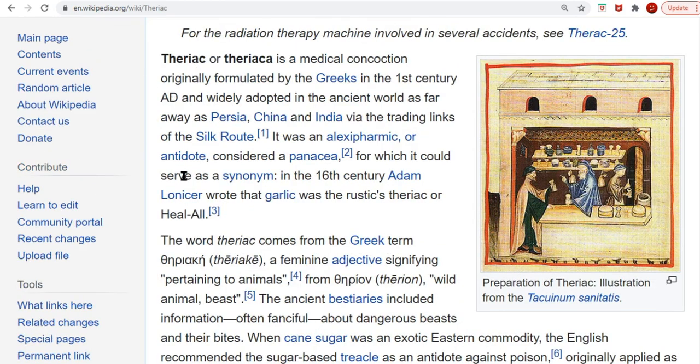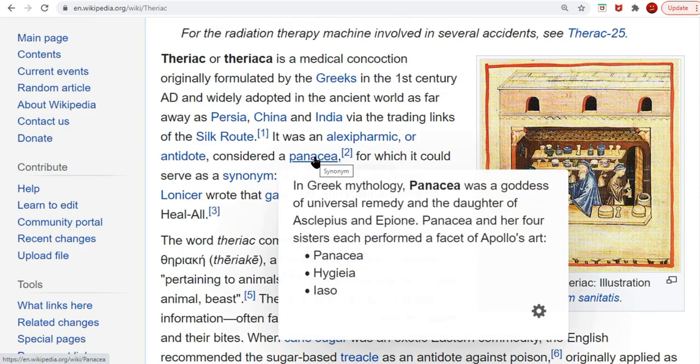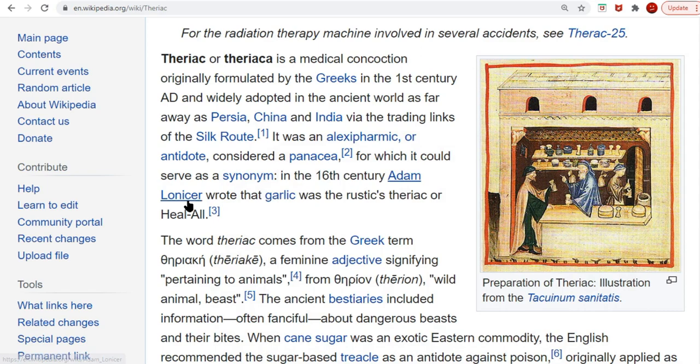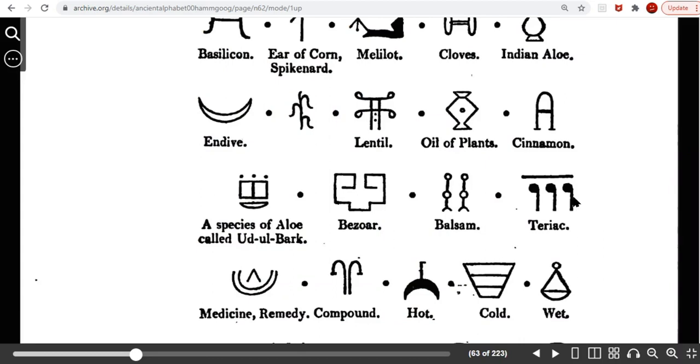But a theriac was an antidote considered to be a panacea. It cured many, many different things. And Lonser wrote that garlic was the rustic theriac of heal all. And yeah, that's my go-to. I cut a thin slice of raw garlic and try to eat it every day. So if garlic was a 666, that means the writer was a vampire.